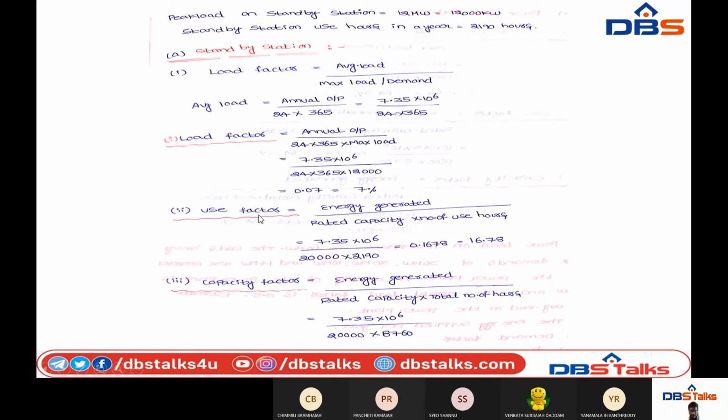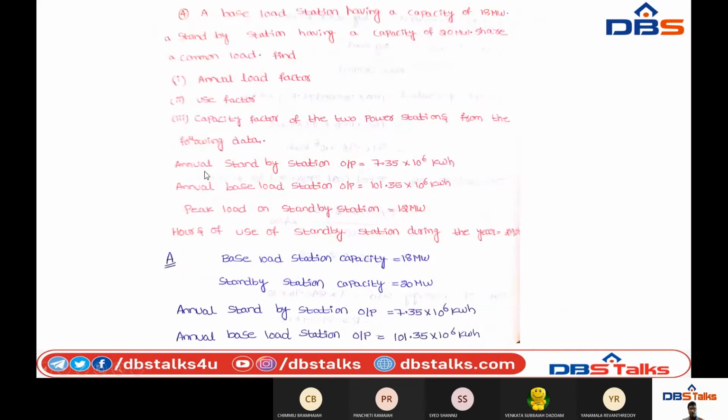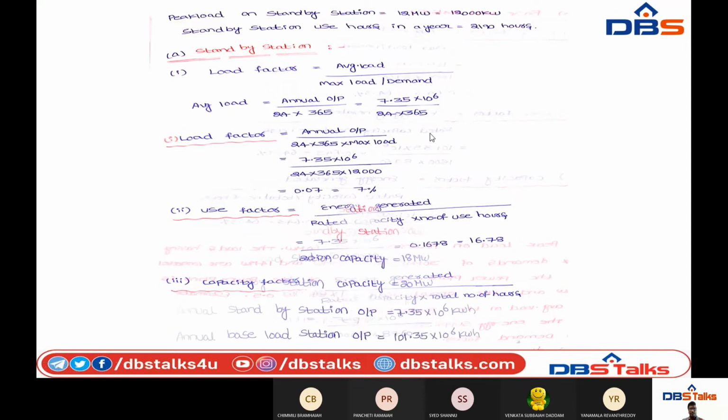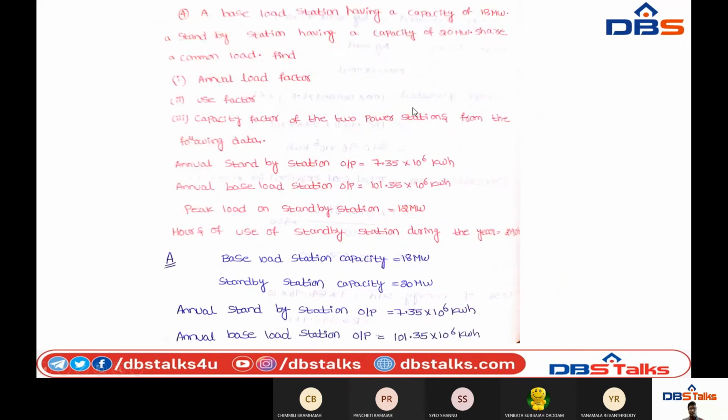After that, use factor is energy generated divided by rated capacity times number of use hours. Energy generated is 7.35 × 10^6 for the standby station, divided by rated capacity, which is 20 megawatt.